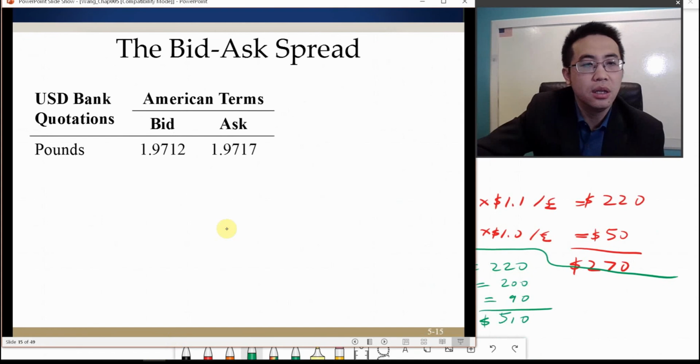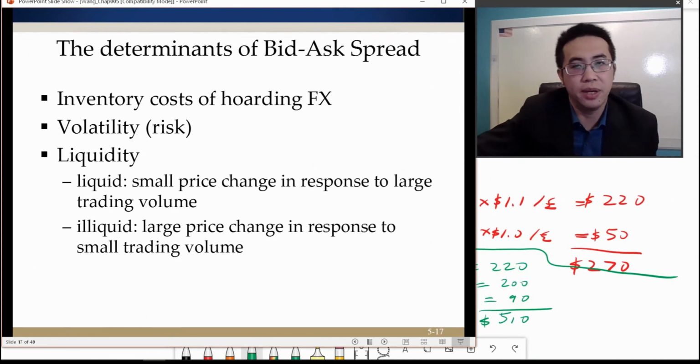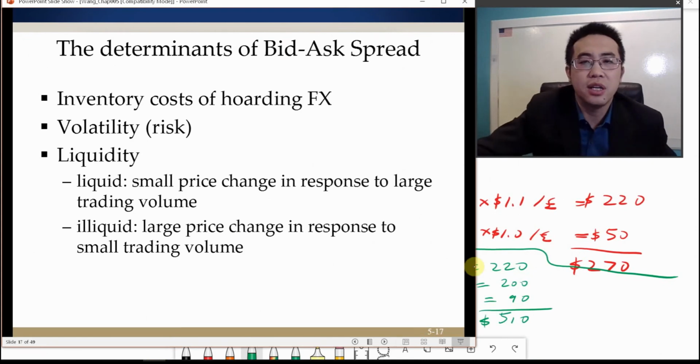Alrighty. There are some determinants for the bid-ask spread. As you can see, the larger the bid-ask spread, that means you are losing more money by paying the bankers or the dealers to do the exchange, or the bankers and dealers are making more money out of you.